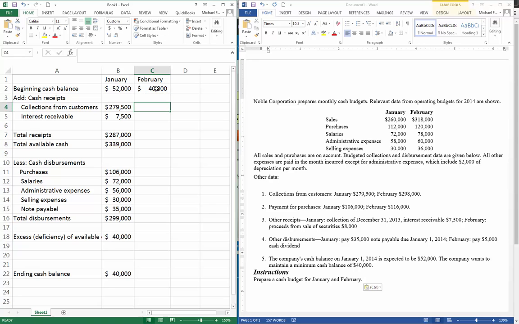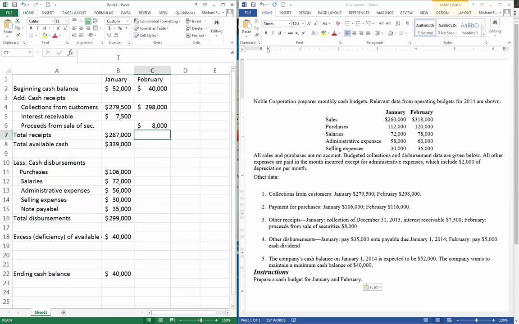And now we can do our collections. We expect to collect $298,000 from customers. We also expect there's no interest receivable for February, but there are proceeds from sale of securities. So I'm going to put that here, which is $8,000.